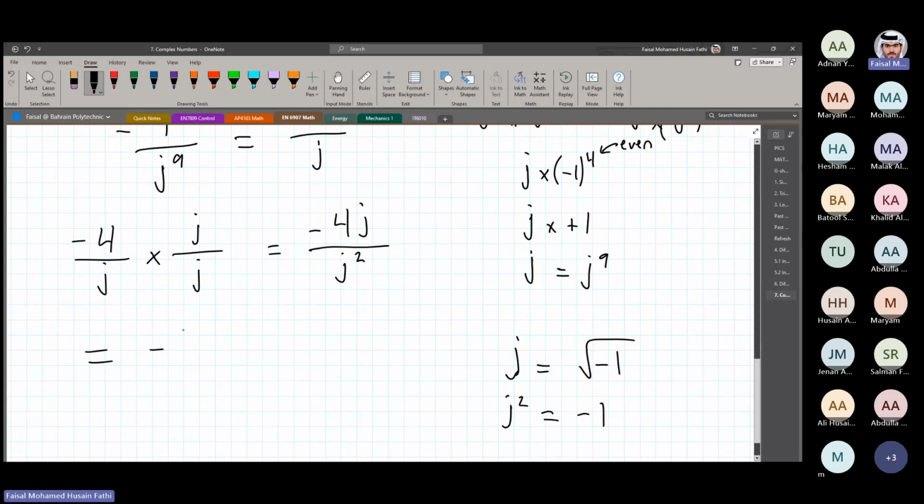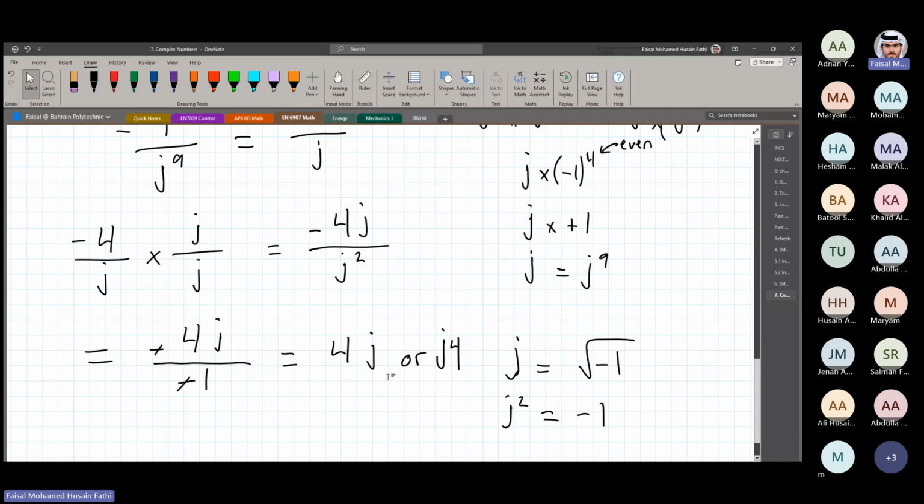We can just rewrite this as minus 4j over minus 1. Minus and minus will cancel. So simply, this is equal to just 4j, or sometimes they write it as j4. It's just a notation. Sometimes they put the 4 before the j.